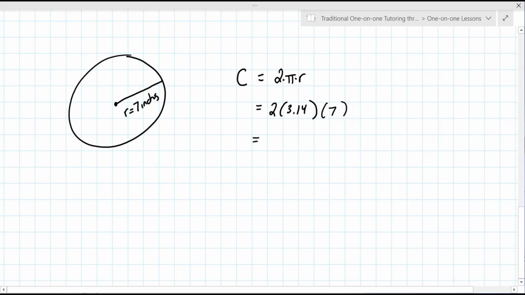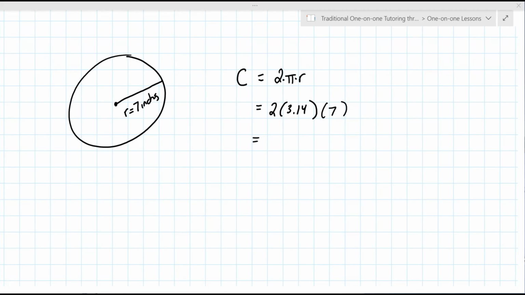So I want you to grab a calculator and multiply 2 times 3.14 times 7. The answer is 43.96.